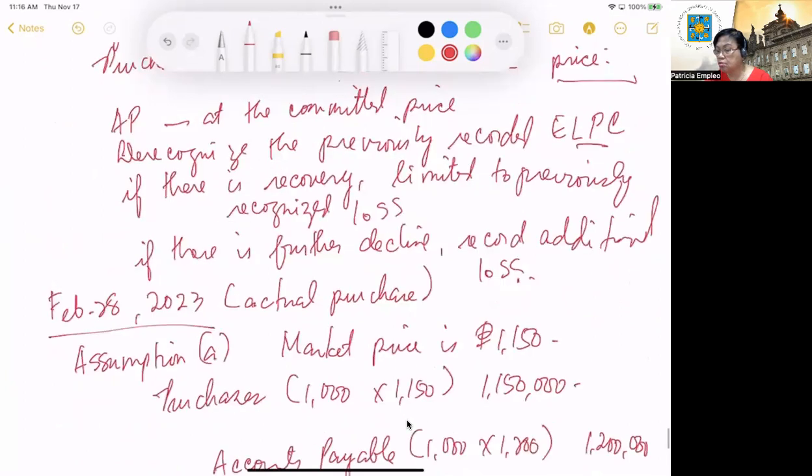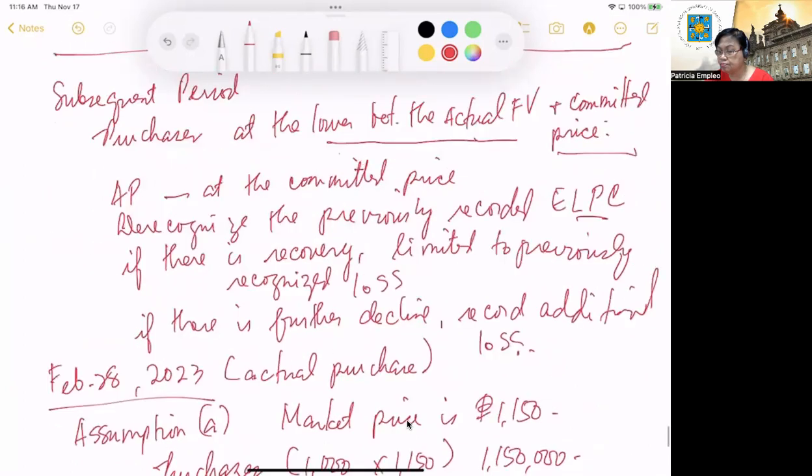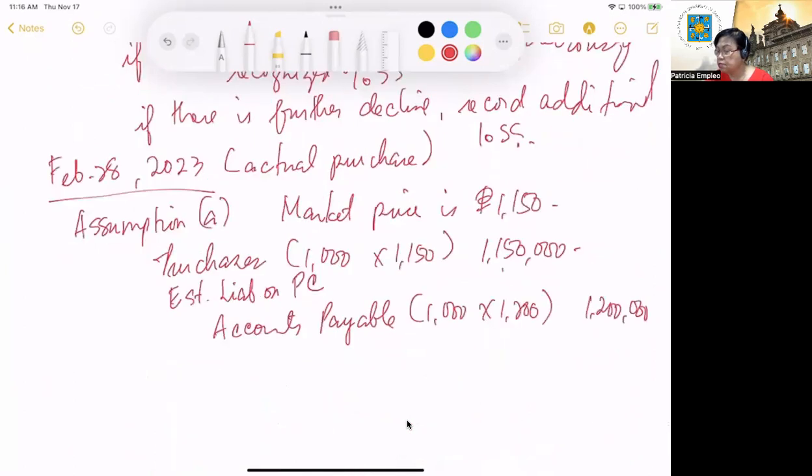Next, you are to recognize the previously recorded estimated liability. So debit estimated liability on purchase commitment, and your estimated liability as recorded is 50,000. Okay, so at this point, your entry is already balanced. That is so because the market price on February 28, 2023 is also the market price at December 31, 2022. So there is no further decline and there is no recovery. Hence, we have this entry.